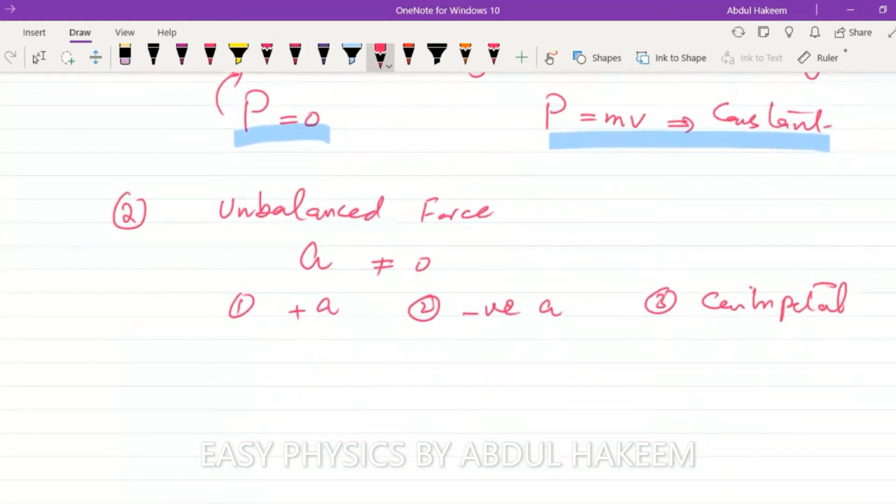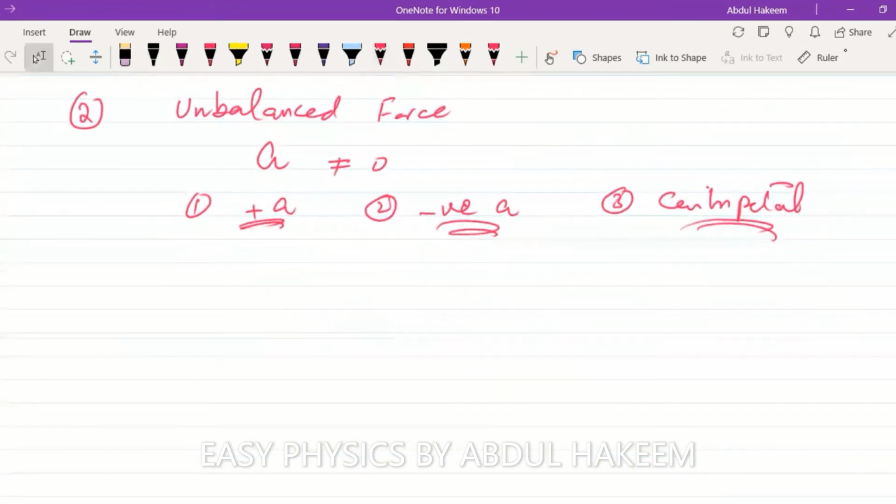Because the momentum is changing: velocity is changing due to positive acceleration, due to negative acceleration, and due to change of direction. So the acceleration is not zero, it has some value, positive, negative, or centripetal.